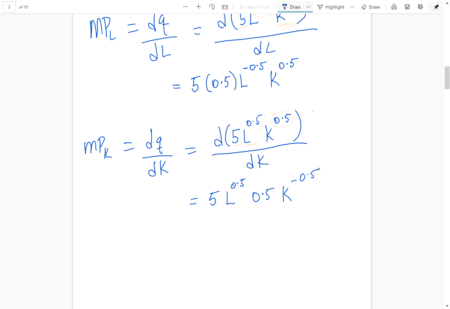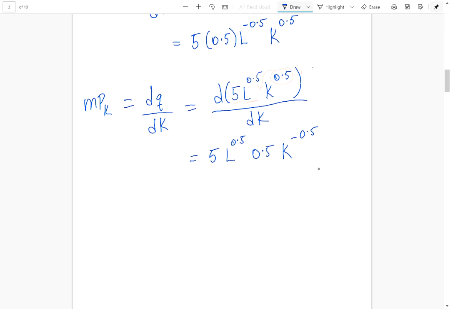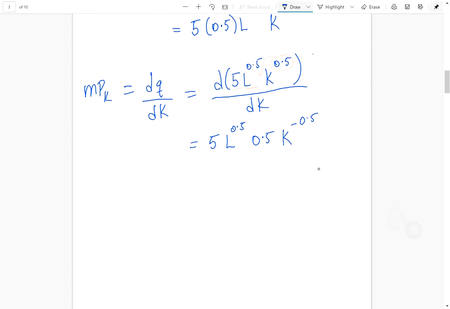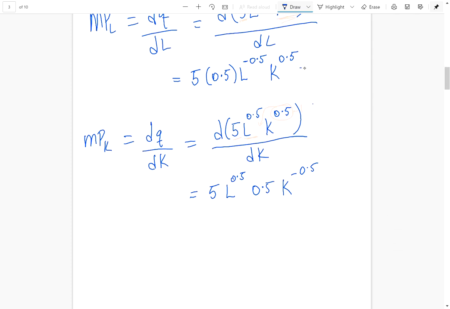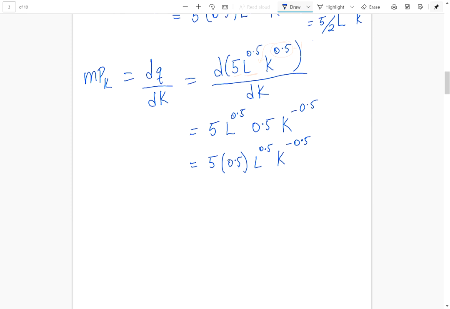Good so far? Okay. So I can rewrite this over here as 5 times 1 over 2, right? Because 0.5 is just 1 over 2, times L to the power of negative 0.5, K to the power of 0.5, which is 5 over 2 times L to the power of negative 0.5, K to the power of 0.5. Same here. 5 times 0.5, L to the power of 0.5, K to the power of negative 0.5, and we can rewrite this as 1 over 2.